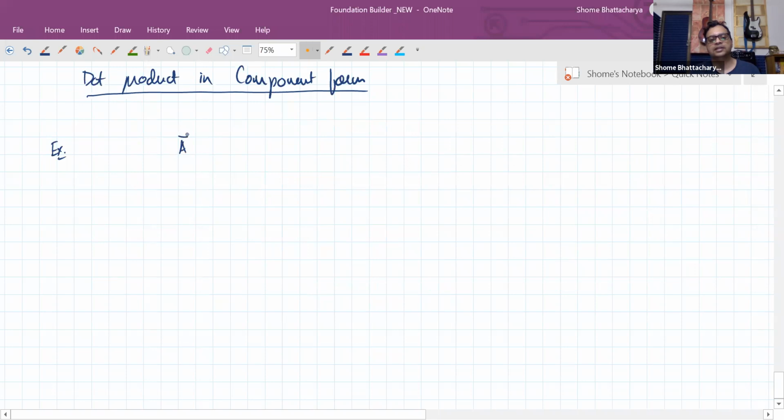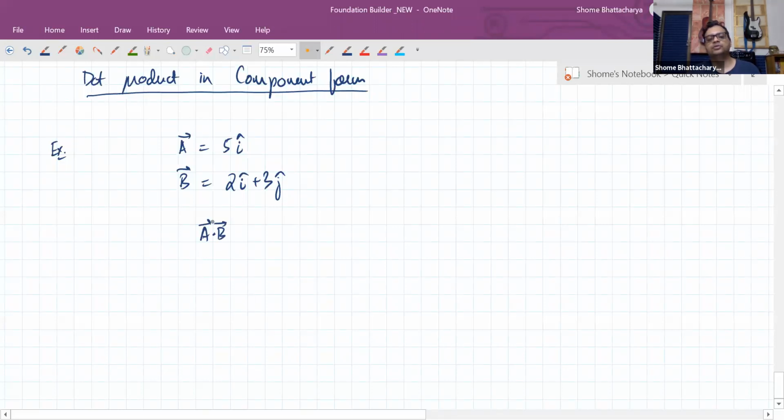Suppose I have the vector a, let's give it a numerical value, let's say 5 i cap, and b is, suppose, 2 i cap plus 3 j cap. So two very simple vectors, and I want to find a dot b.